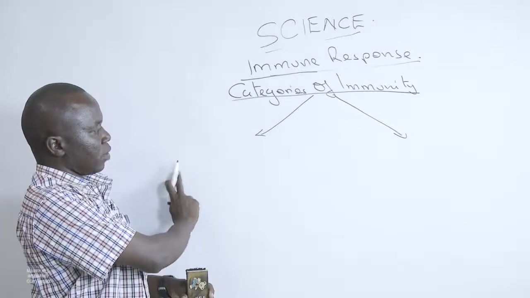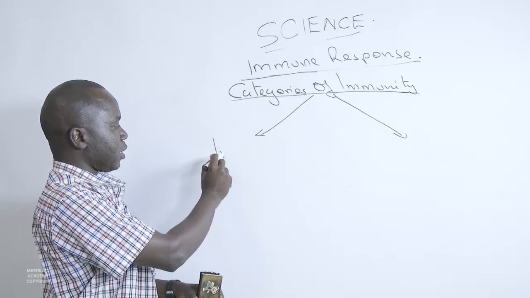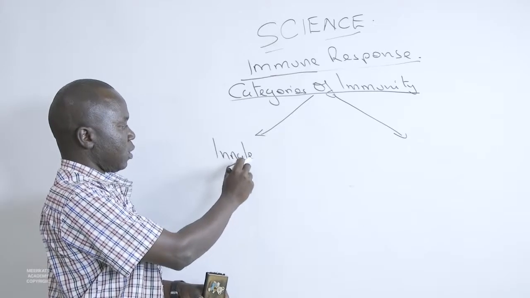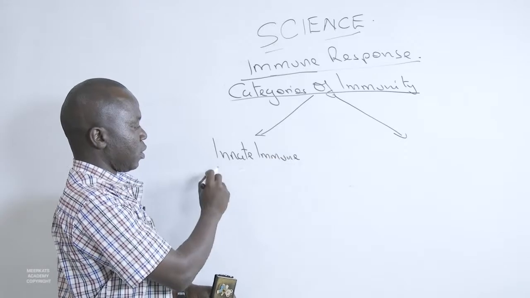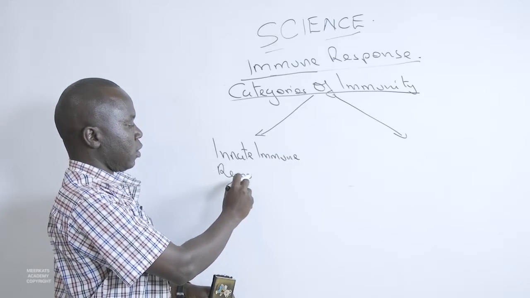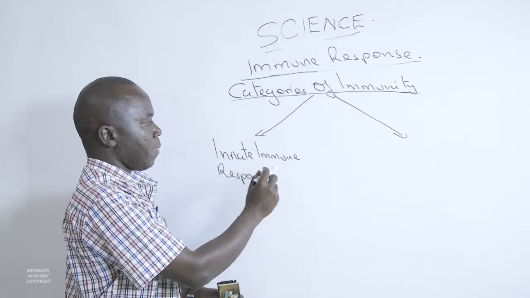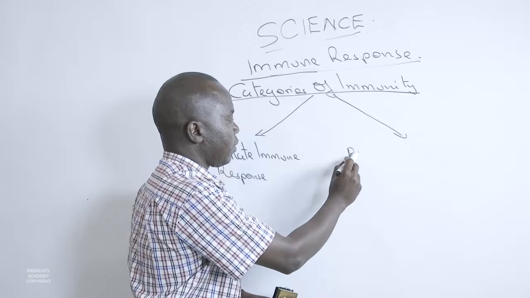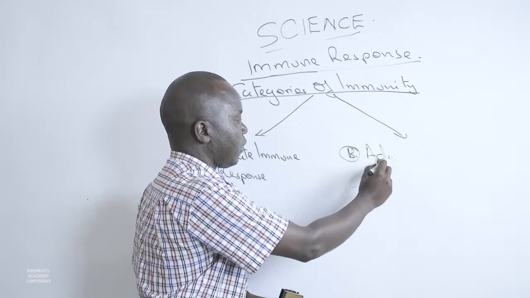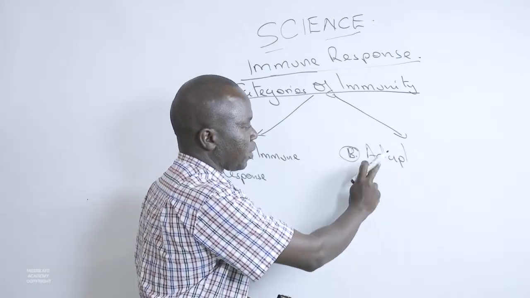We have what we call innate immune response, and then we have adaptive immune response.